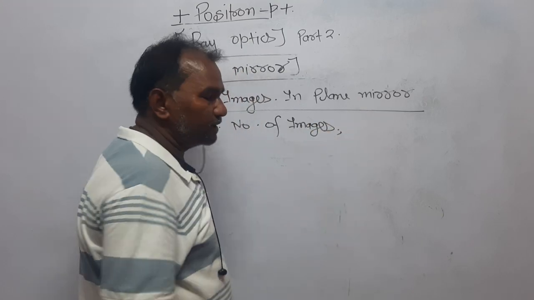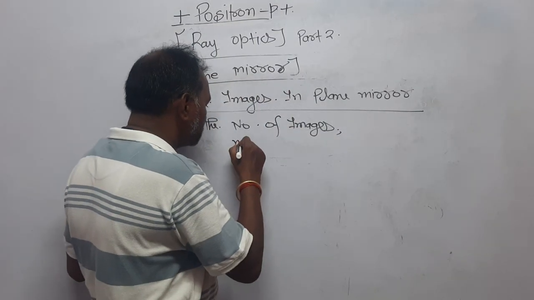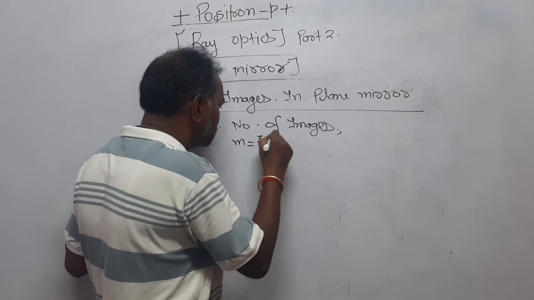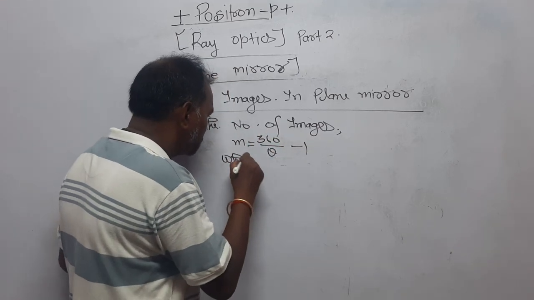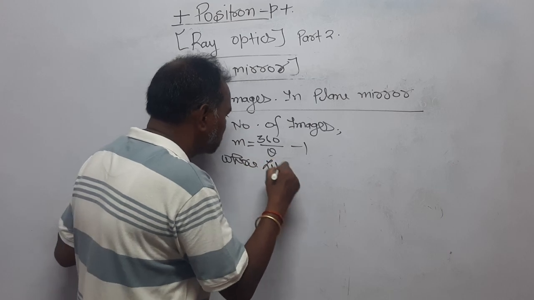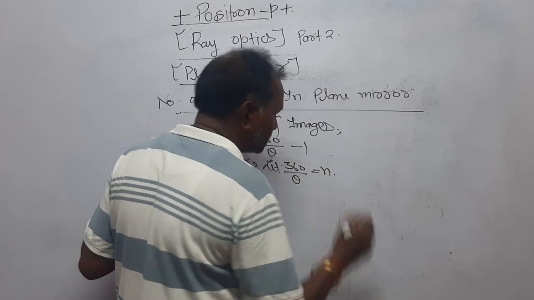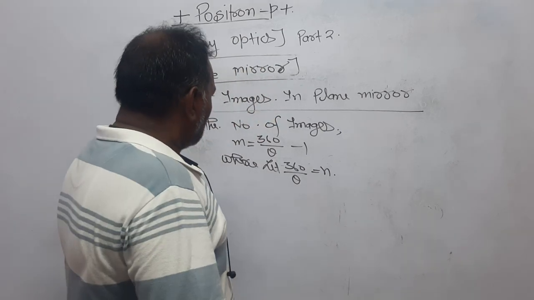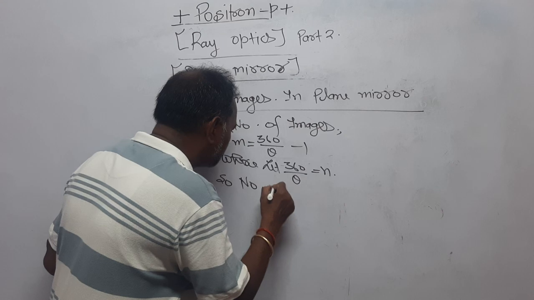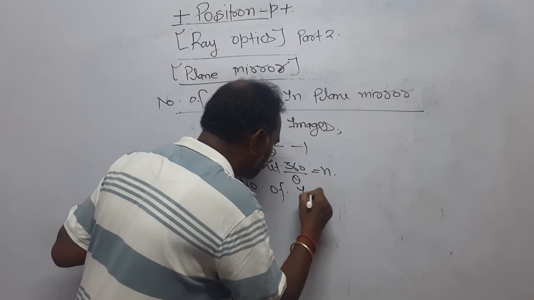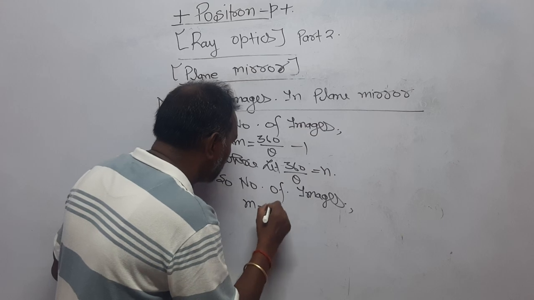Actually, you have to classify it into many groups. Number of images m is equal to 360 over theta minus 1, where let 360 over theta equal n. So the number of images m is equal to n minus 1.